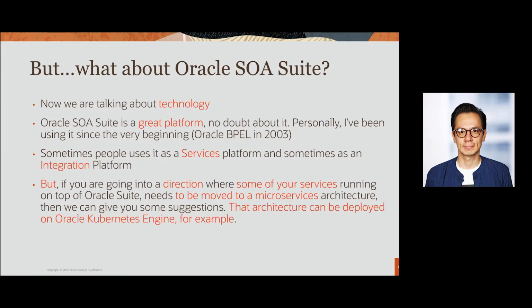But if you are going in this direction, where some of your services currently running on top of Oracle SOA Suite need to be moved into a microservices architecture, and I'm going to give you some examples of why you would do that, then if you are really practicing this discipline of SOA, the architecture can be deployed in a different way, on a different technology. One of those technologies can be, for example, the Oracle Kubernetes Engine. So I think we can move to the next slide.